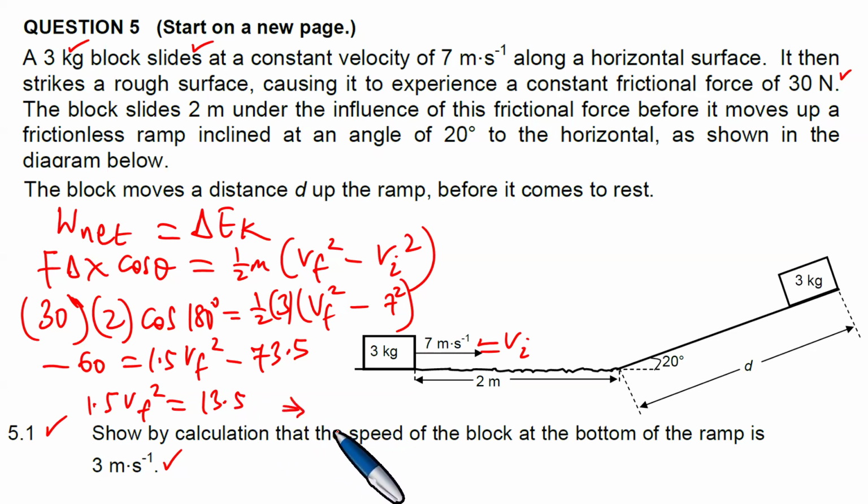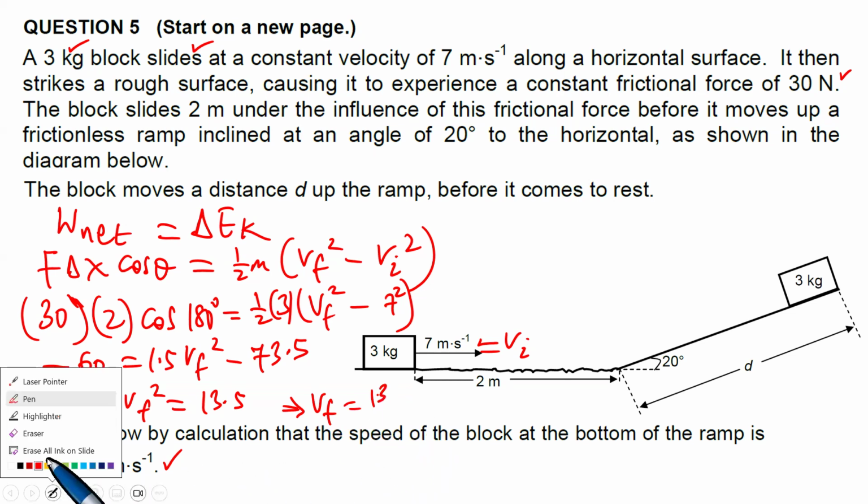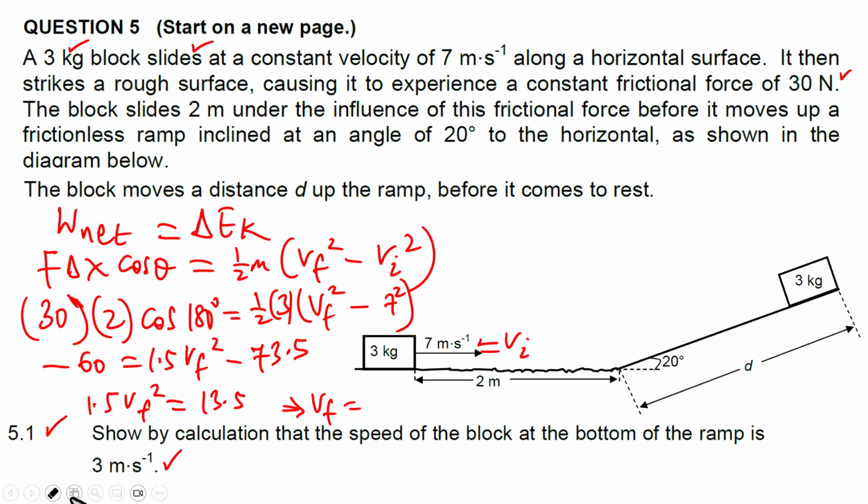If you take your calculator and divide 13.5 by 1.5, you get exactly 9, which is vf squared.